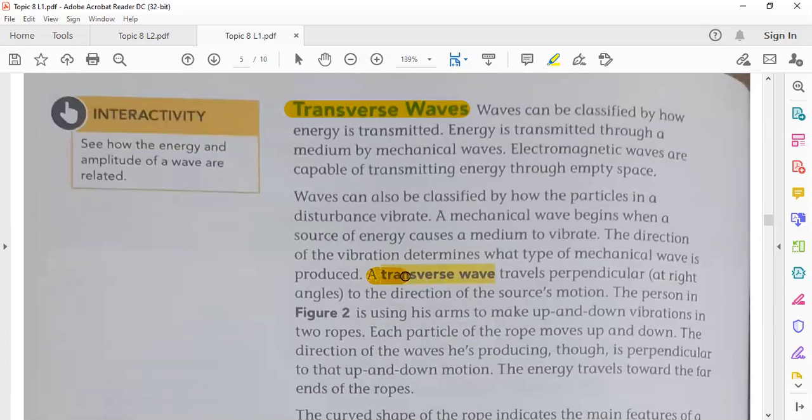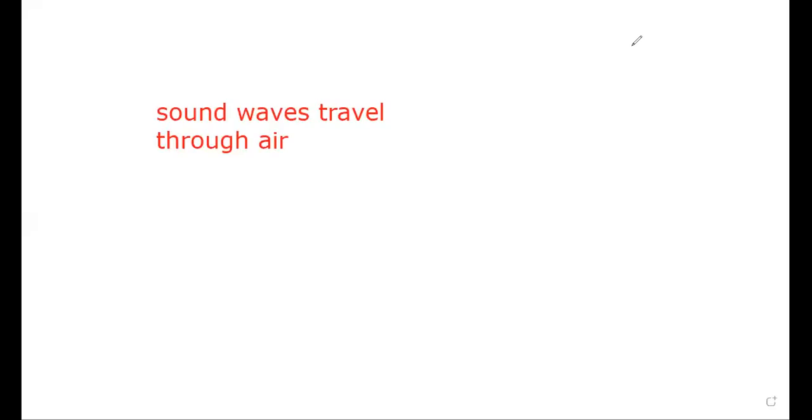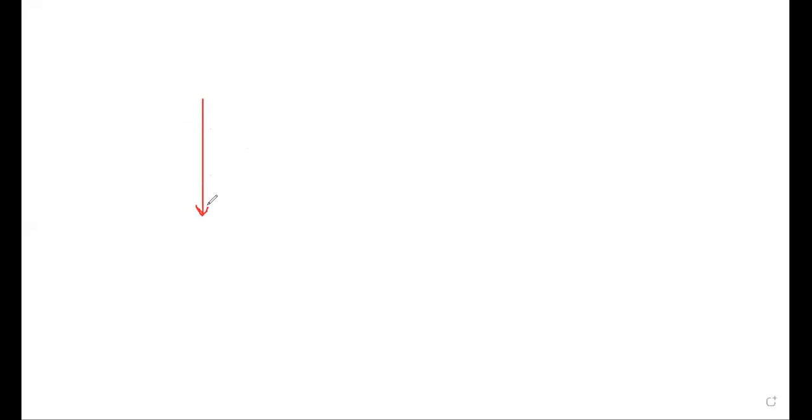What is a transverse wave? A transverse wave travels perpendicular, or at right angles, meaning 90 degrees, to the direction of the source of motion. We can draw it, the transverse waves move like this.